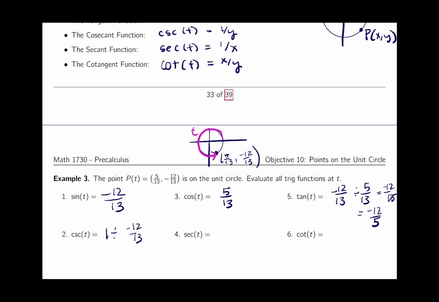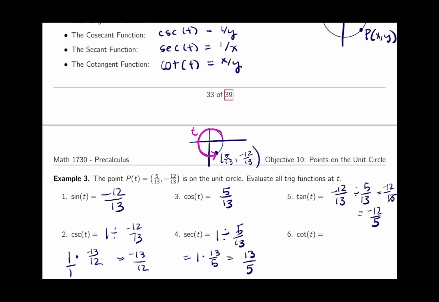If I multiply by the reciprocal there, I'm going to get 1 times negative 13 over 12, and that's going to be negative 13 over 12. The secant is 1 over the x value, or 1 divided by 5/13. And when I multiply by the reciprocal, I'm going to get 13 over 5 as the secant of t.